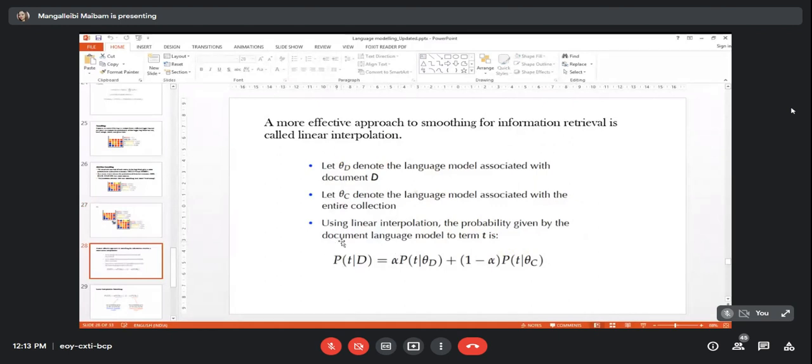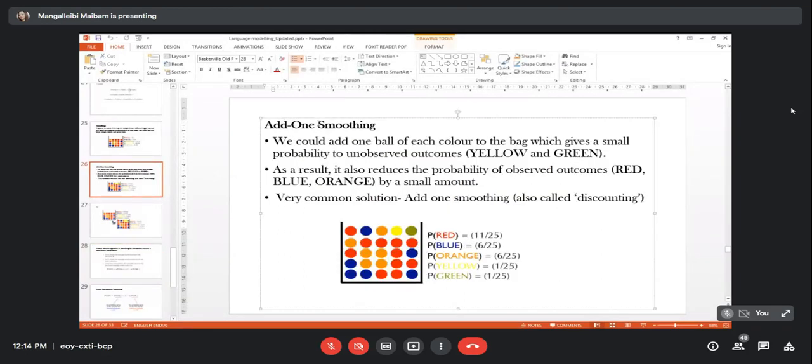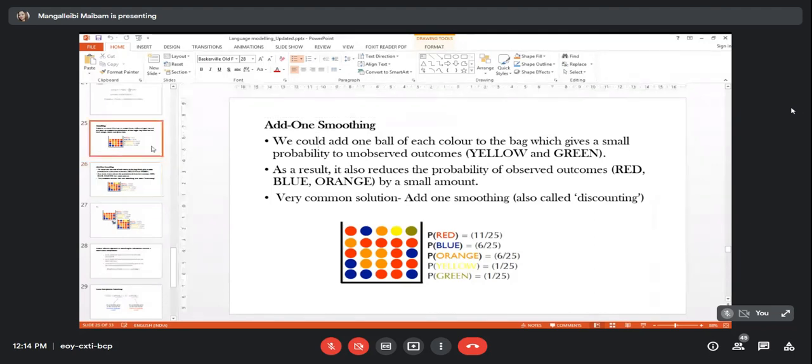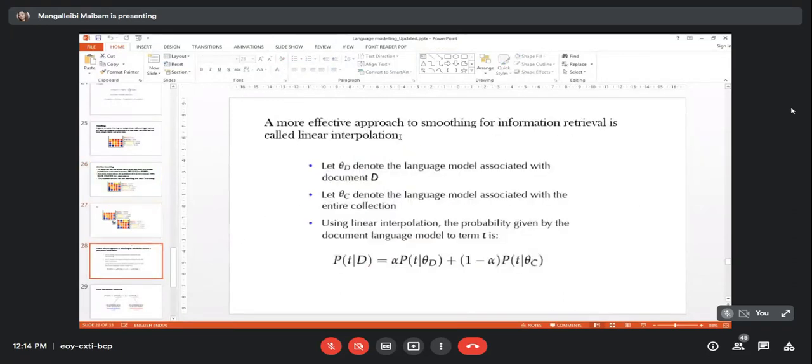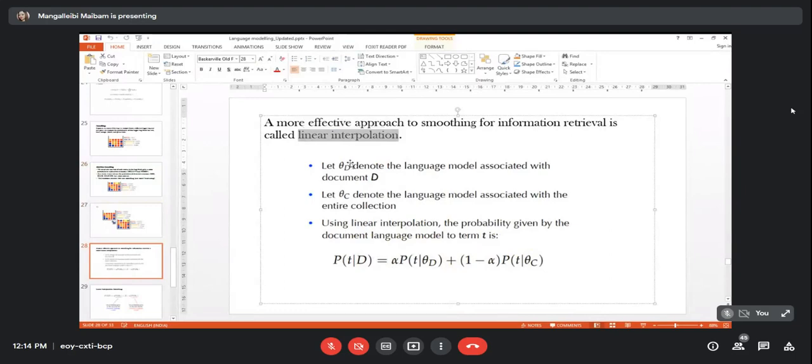Then another effective approach for smoothing is linear interpolation. So add one smoothing is one technique for smoothing. Okay, for smoothing, the first technique we discussed is adding one ball for each color. And now it is linear interpolation, another approach for smoothing.